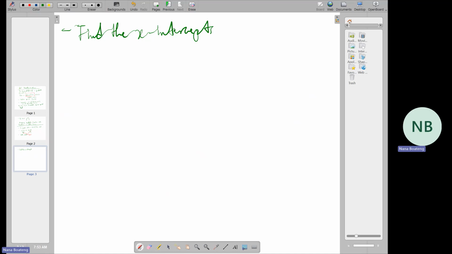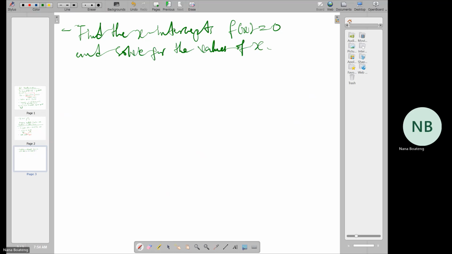To find the x-intercepts, it just means we set f of x equal to 0 and solve for the values of x.